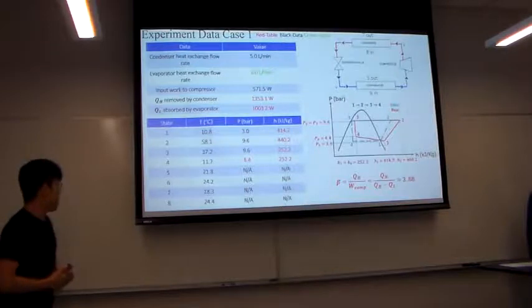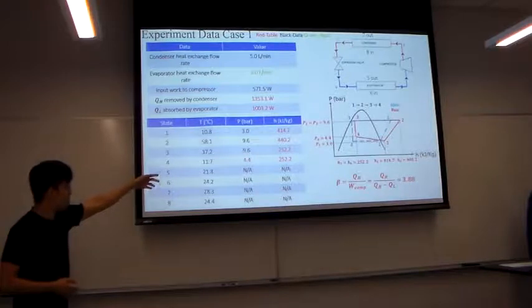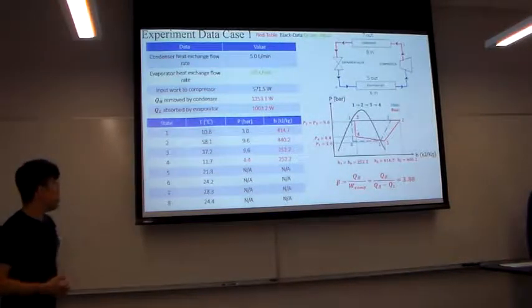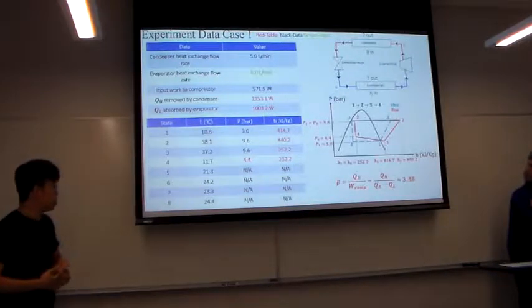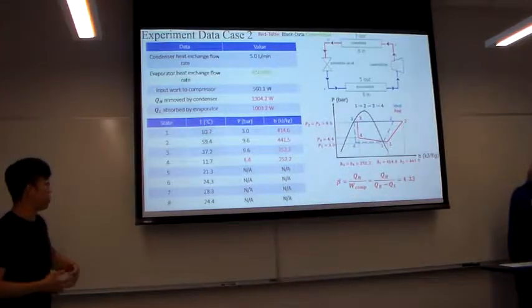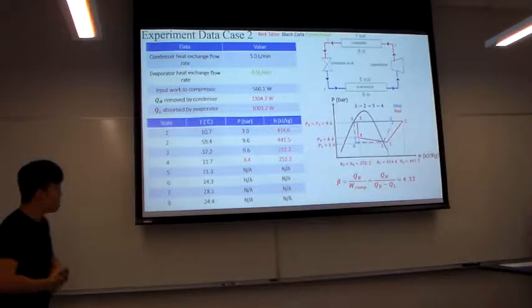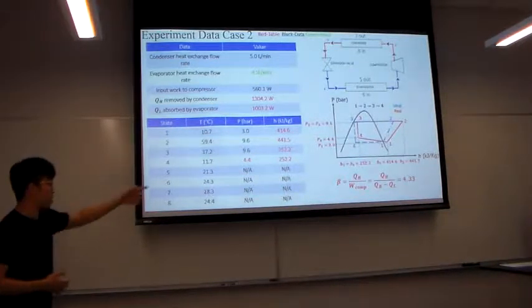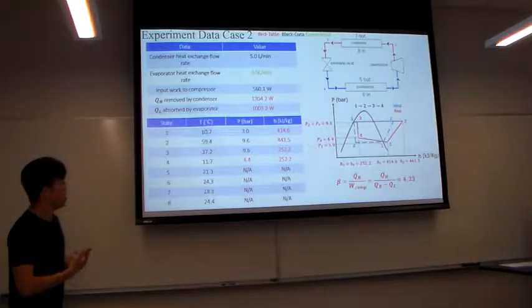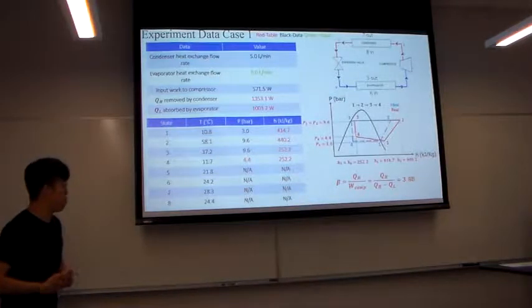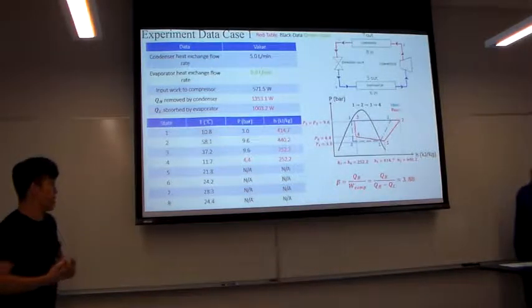Based on the assumption that states 3 and 4 have the same enthalpy, we go back to the appendix table and find the pressure for state 4. So we have all the information and can draw the P-h diagram. I put an ideal case to compare with the real cases. Finally, we figure out that for case 1, the COP is around 3.88.